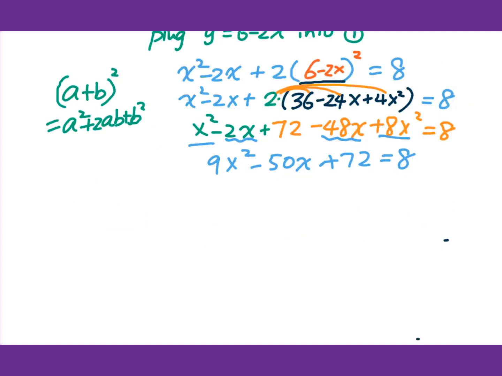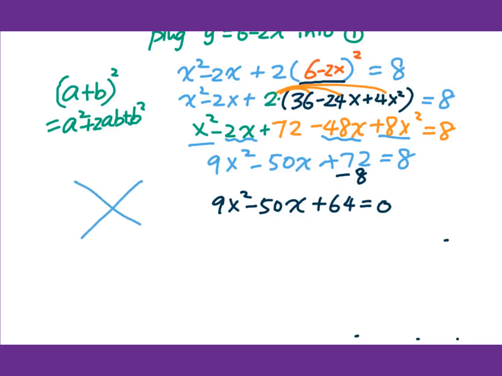This is a quadratic pattern equation. Therefore, you need to minus 8 on both sides. You will get 9x squared minus 50x plus 64 equal to 0. And you need to do ninja x. For 9 times 64, you just write down 9 times 64 because this is a really big number. Then over 9 over 9, we need to get the negative 50.